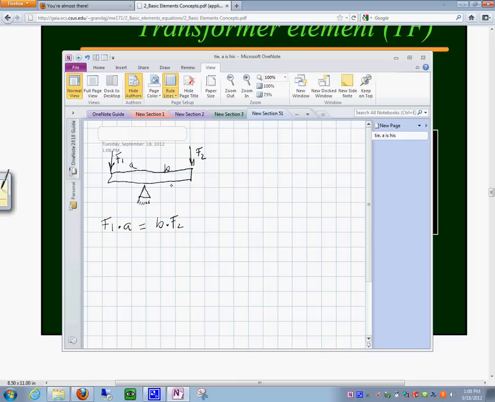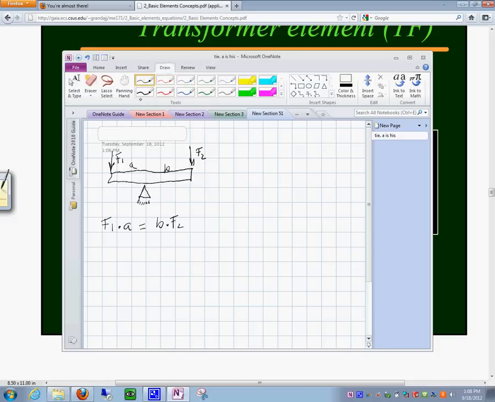Okay, so isn't it true that the velocity of this point, in this particular case, the velocity v1 is omega cross r?